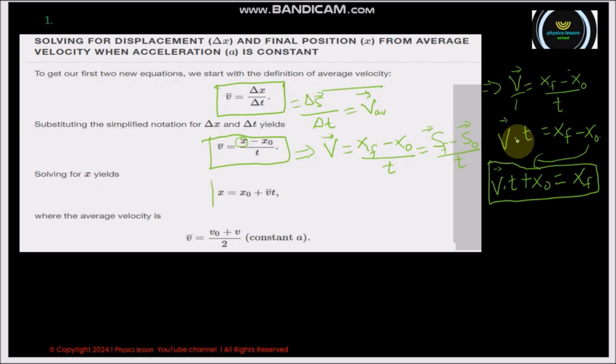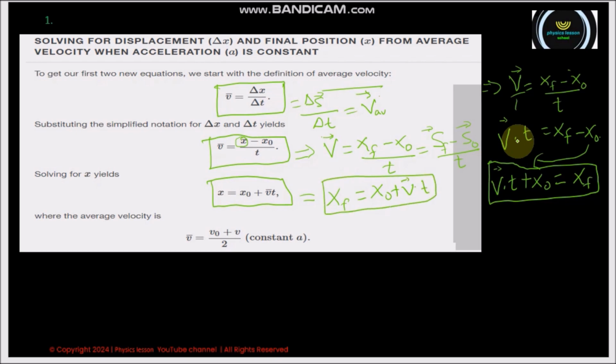So the final displacement is equal to the initial displacement plus the average velocity times t.